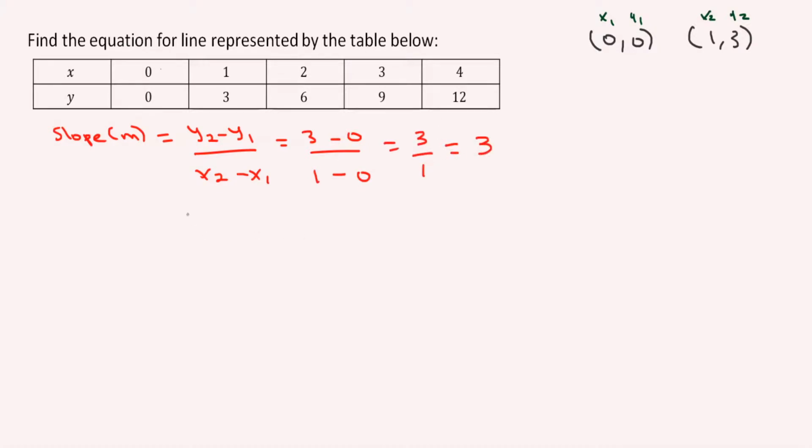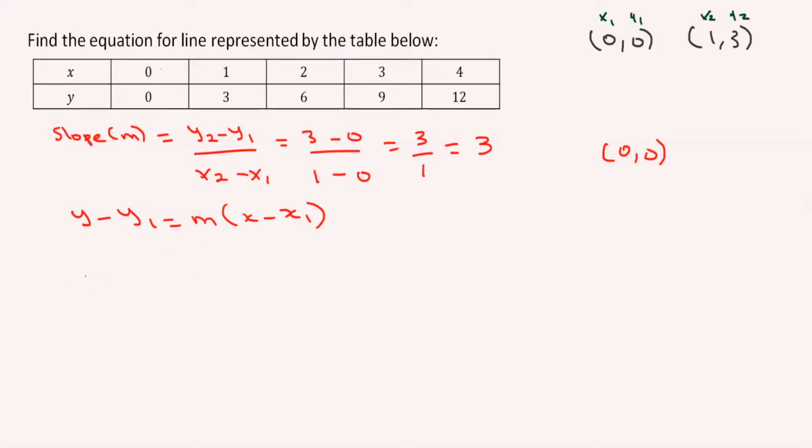So the next thing we have to worry about is our equation, which is y minus y1 is equal to the slope m multiplied by x minus x1. Because I have a point that is (0, 0), my point here is going to be (0, 0). Always try to make things as simple for yourself as possible.